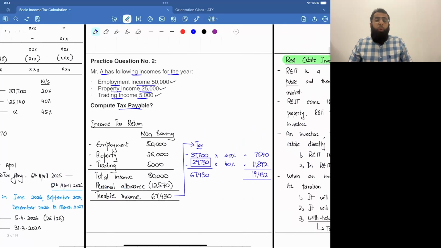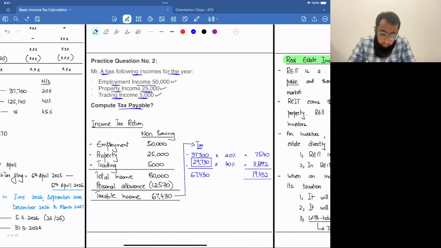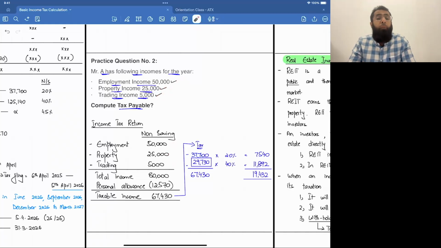What's difficult in it? There were three incomes: employment, property, and trading. All were non-saving because there was no interest income or dividend income in the question. That gives you total income. You deduct your personal allowance to get the value of taxable income.